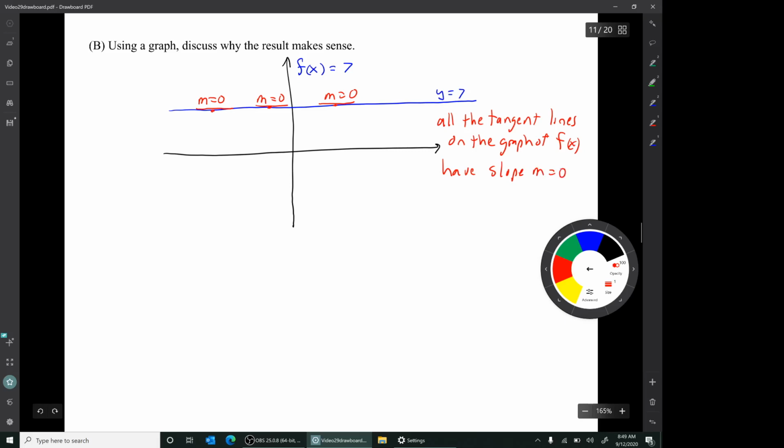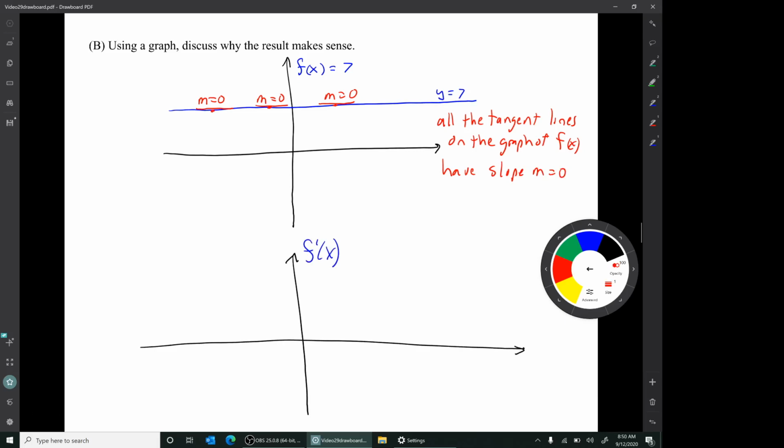Now, what does that mean then when we want to think about the graph of f prime of x? Remember that the number that is the slope of a tangent line on the graph is the same as the number that's the value of the derivative. So at each of those x values where there was a horizontal tangent line on the graph of f of x, there's a point on the graph of f prime of x that has y equals 0.